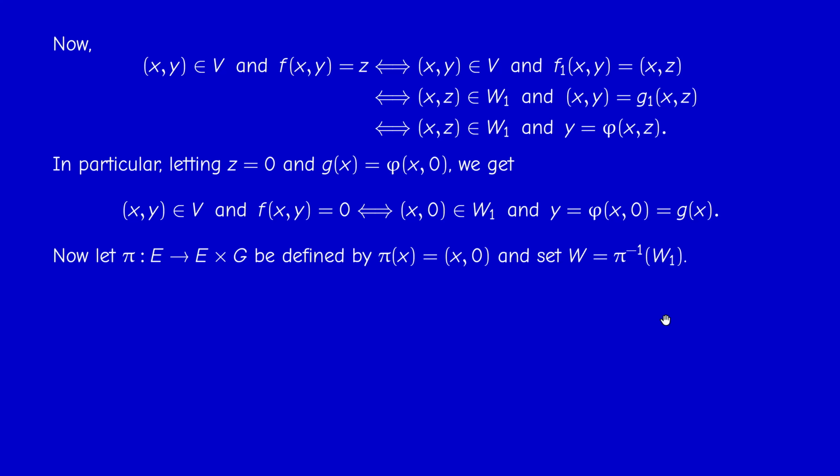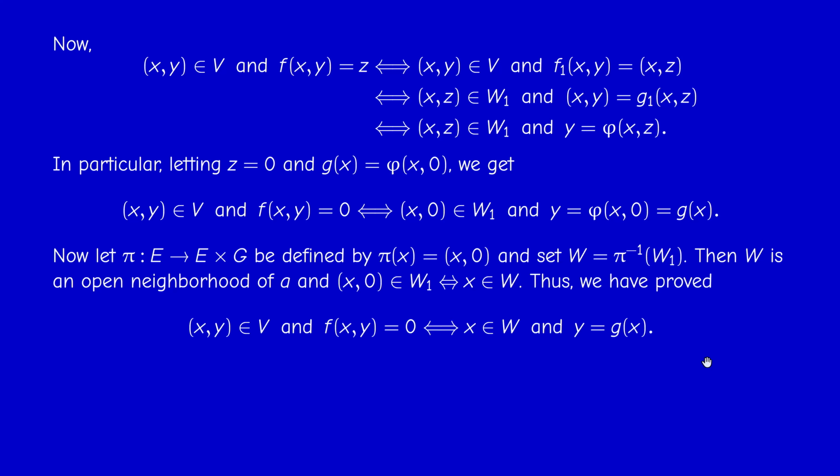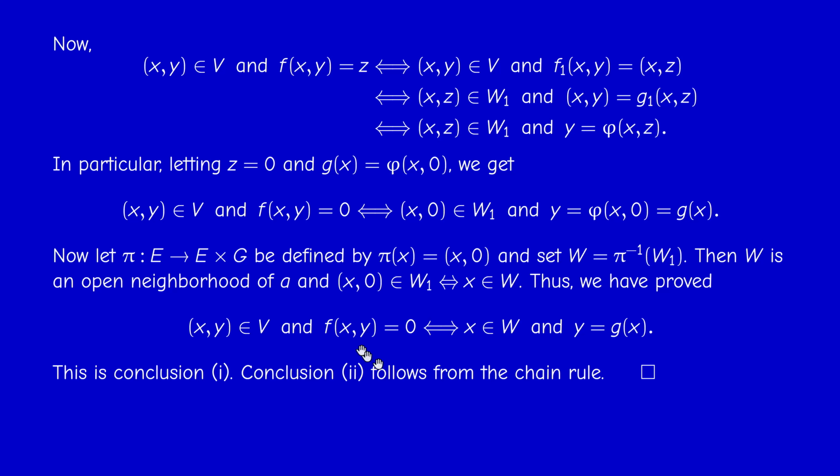Then of course, since pi is continuous, W is open, and x0 belongs to W1 means precisely that pi of x is in W1, which means that x is in pi minus 1 of W1, and therefore x is in W. So we have proved finally this condition: x and y are in the neighborhood of AB and satisfy this relation. This condition is equivalent to the condition that x is in a neighborhood of A, and we have this relation between y and x. So this is the content of part 1.